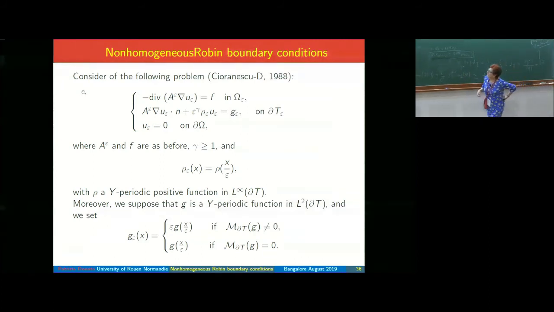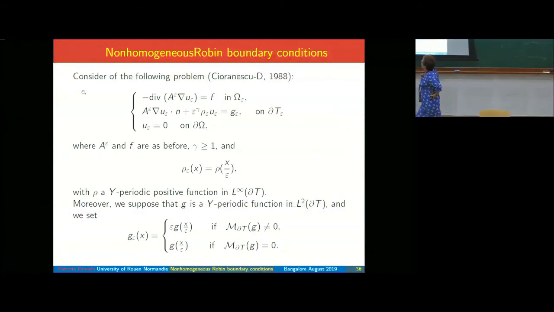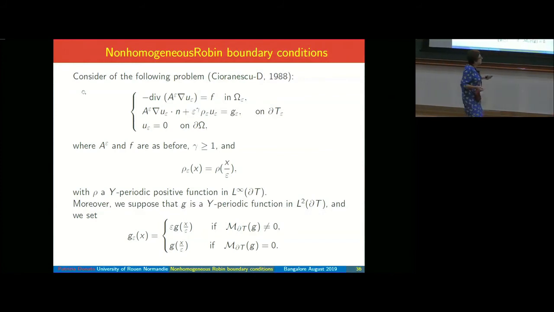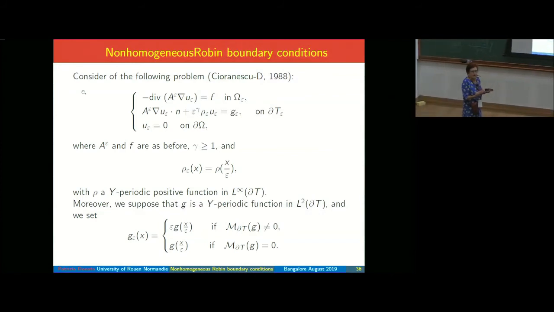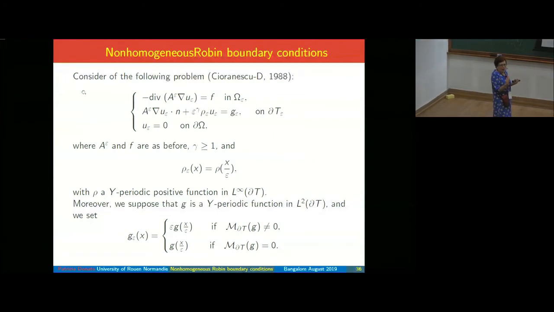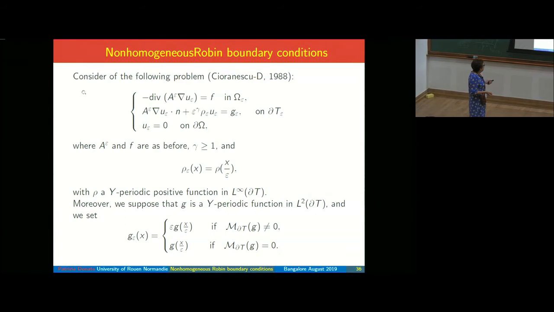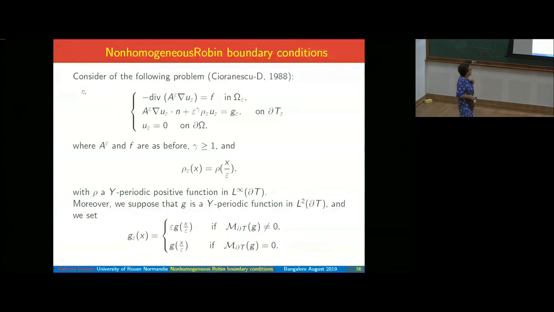Then the boundary term, if you have a g with nonzero average, you can show that it will be of order 1 over epsilon, and then you have to adjust that by putting an epsilon, or you talk about epsilon u epsilon, which is the same.